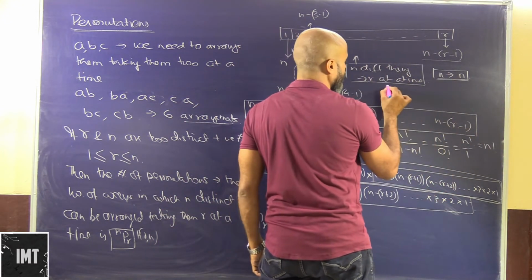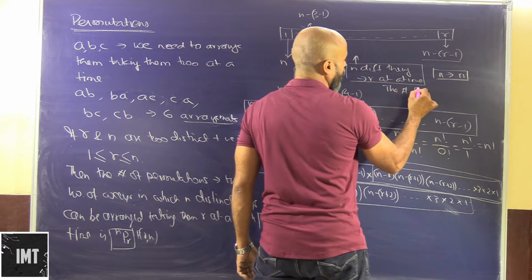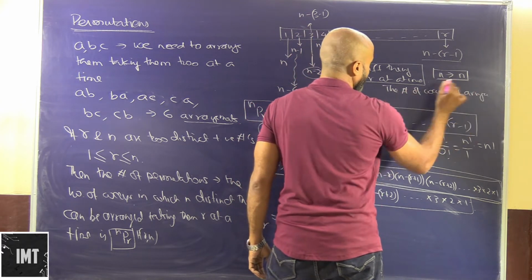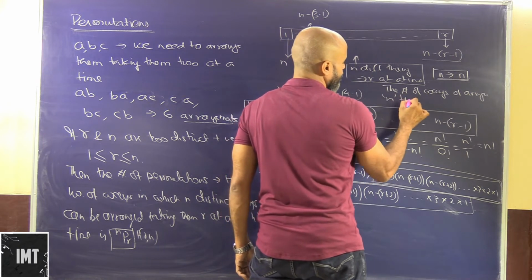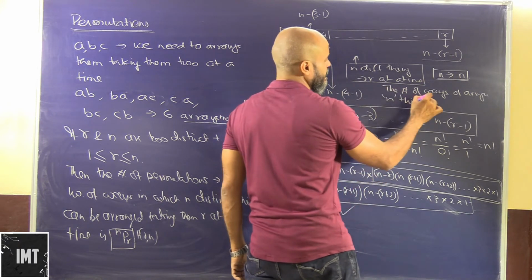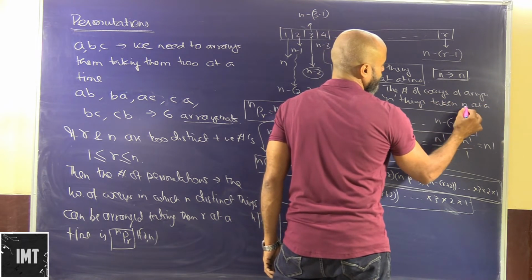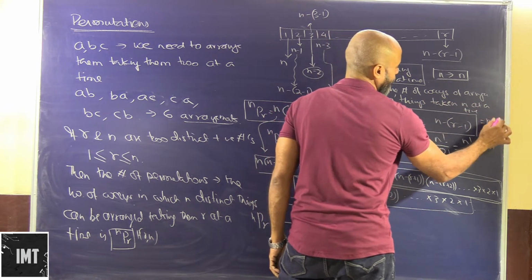So the number of ways of arranging n things taken n at a time is equal to factorial n.